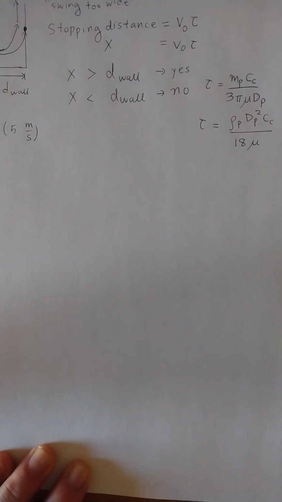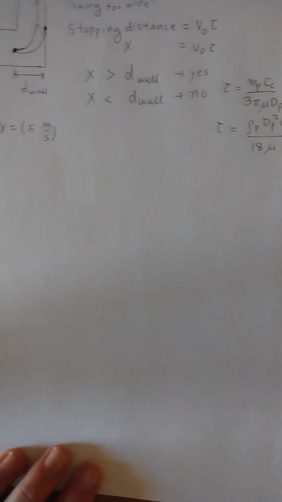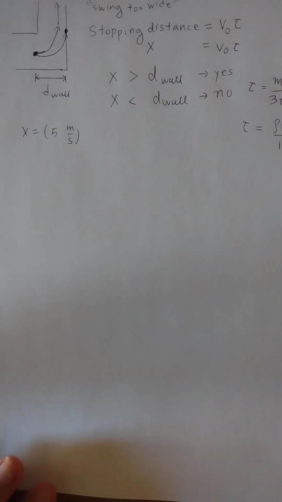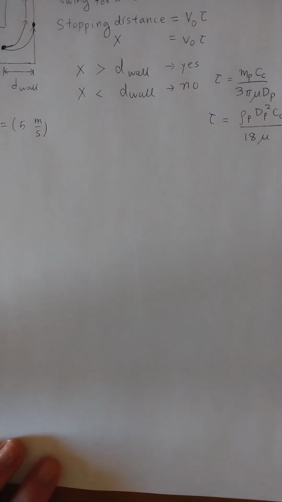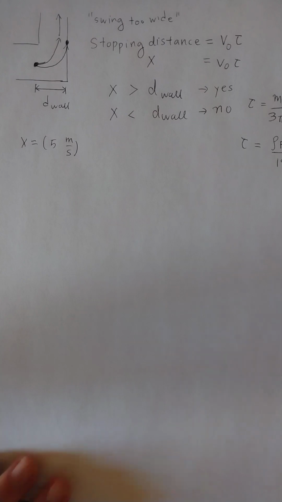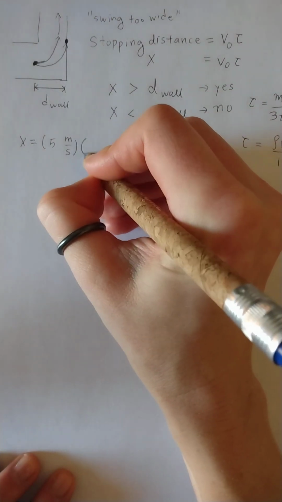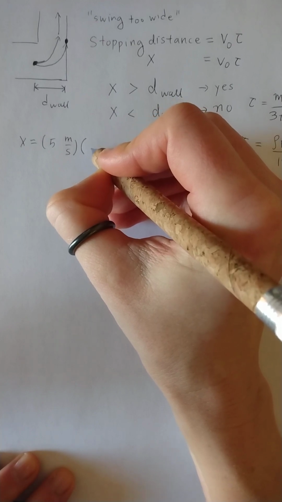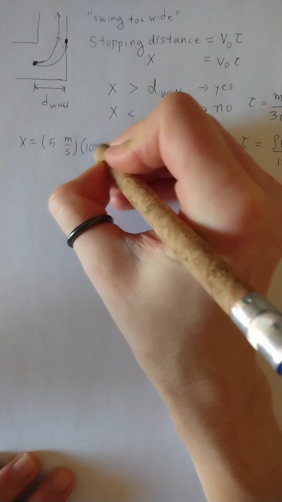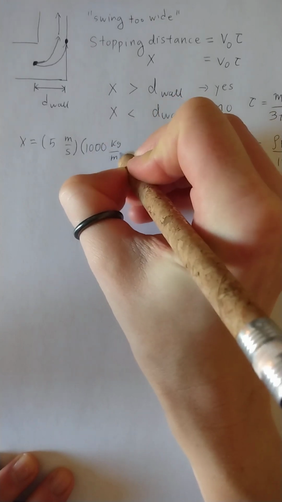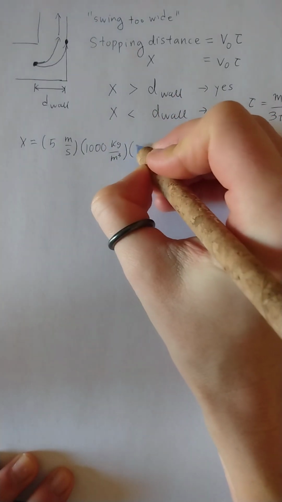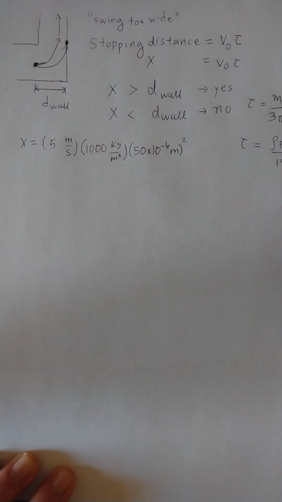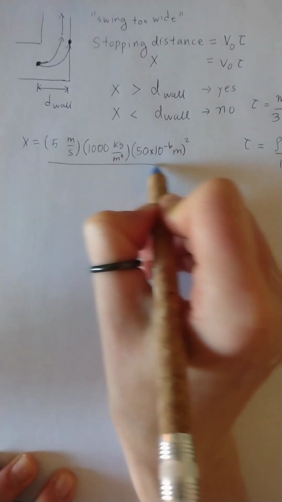So we'll use that bottom case. And since this is a 50 micron particle, then we don't need that Cunningham correction factor. So we're going to use the density of the particle times its diameter squared, converting the diameter to meters like I always do, and assuming that the Cunningham correction factor is 1.